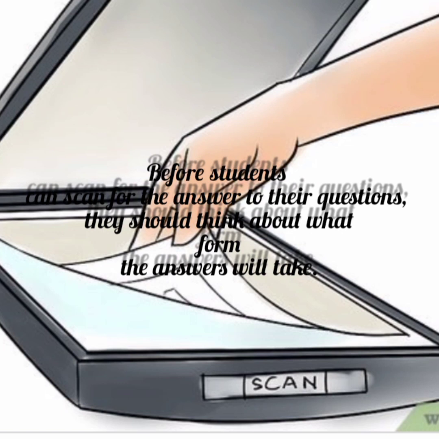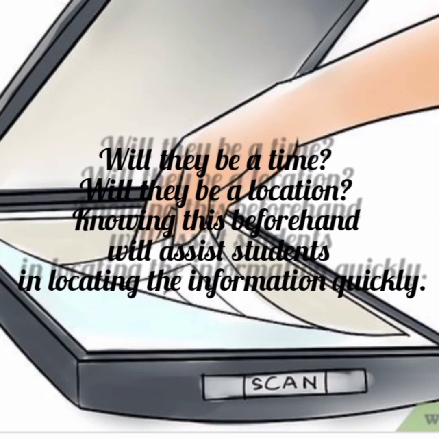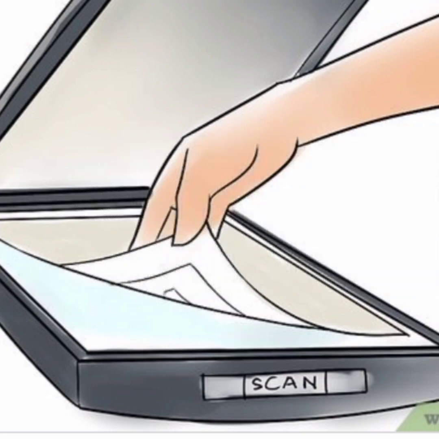Before a student can scan for the answer to their question, they should think about what form the answer will take. Will it be a time? Will it be a location? Knowing this will assist students in locating the information quickly.